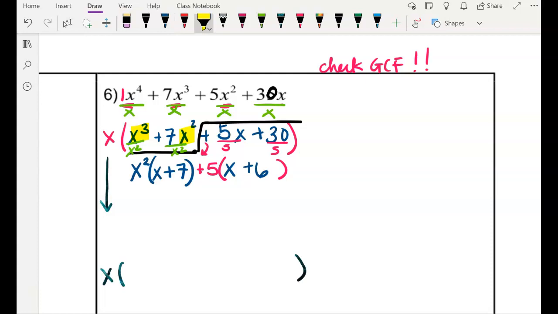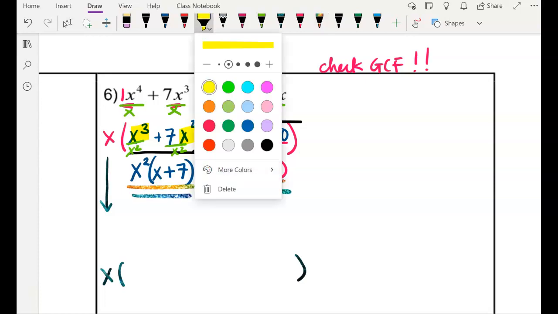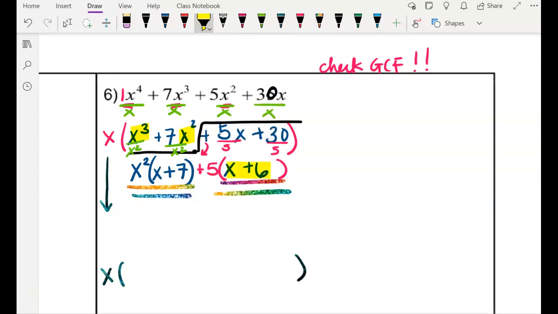We are going to look at these now. Do they have anything in common? So for example, we have x plus 6 and then x plus 7. That's not the same. So that means this 4-term polynomial expression here, it's not possible to factor further.